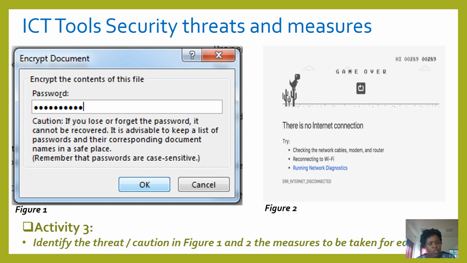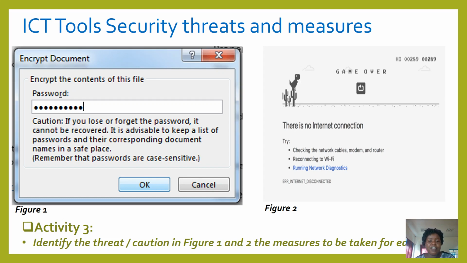It has a caution, and one thing you need to know: for each and every caution as we talk about the ICT tools, security threats and measures, when a caution is given, a measure is also given. In other words, a solution is given.